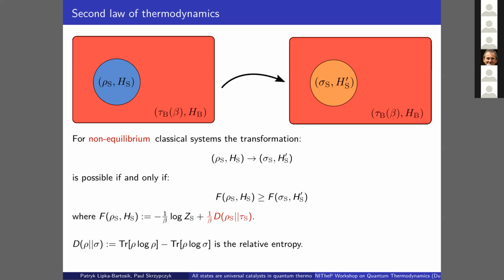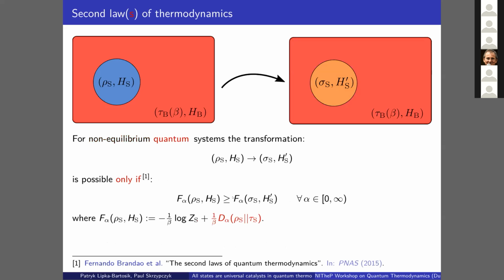So if the system is initially in a Gibbs state, then this term reduces to zero, and non-equilibrium free energy reduces back to the Helmholtz free energy. Okay, so this situation is a bit more complicated for quantum systems, and in that case, the free energy no longer describes which state transitions are possible and which are not. And in fact, it's replaced by a family of generalized free energies.